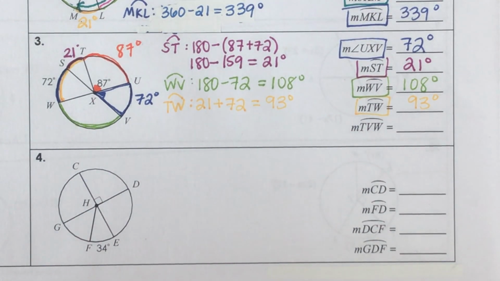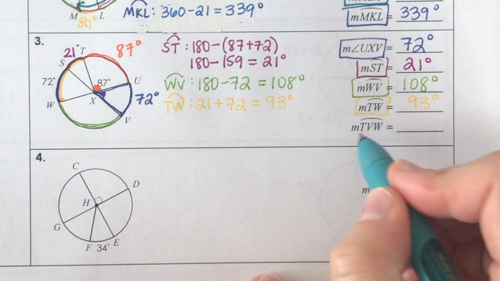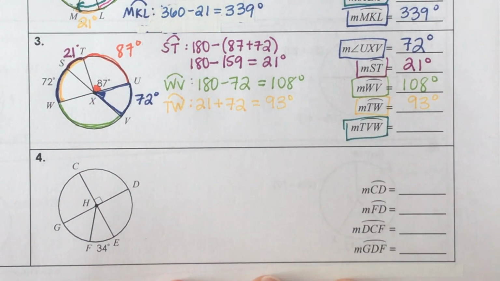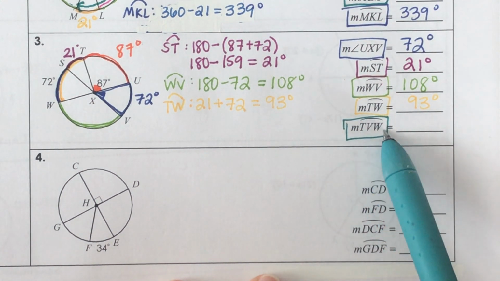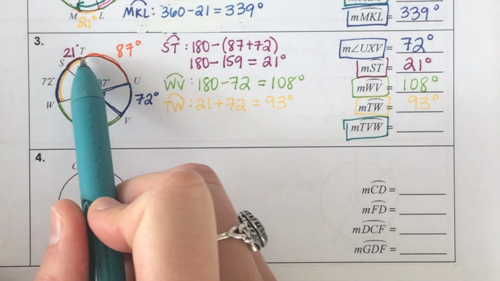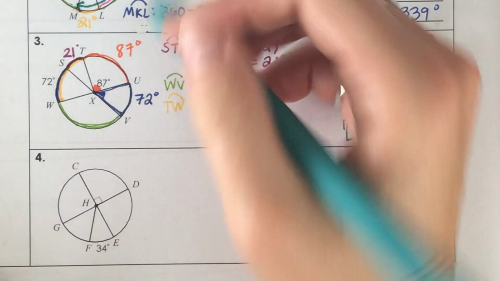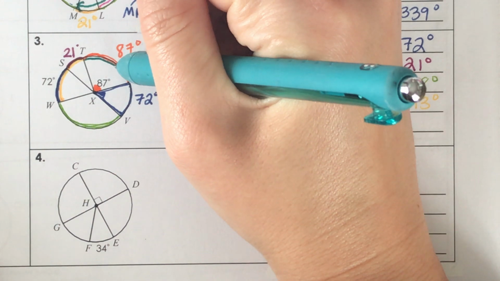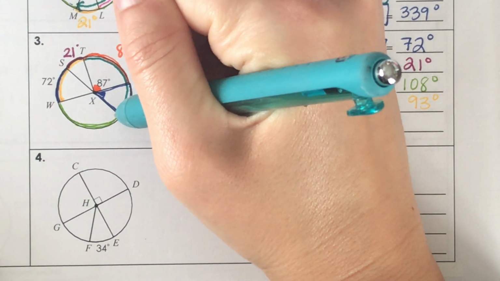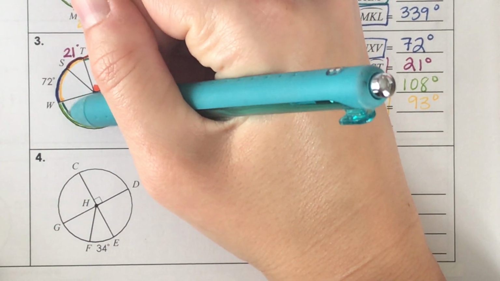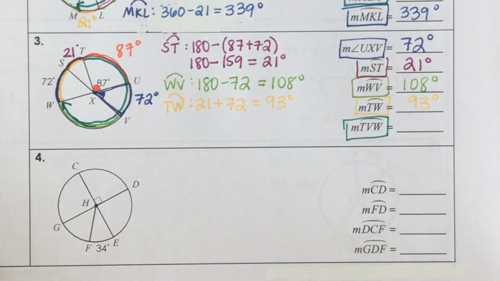All right, last one. Measure of arc TVW. Now, because it's 3 letters, I know that it's going to be a number bigger than 180. TVW, T to V through W. So it's the orange piece plus the blue piece plus the green piece.